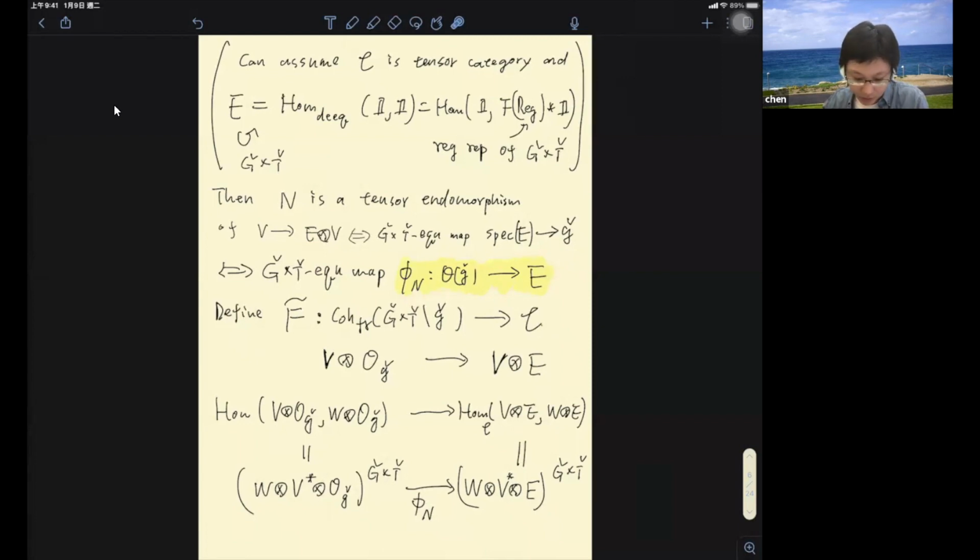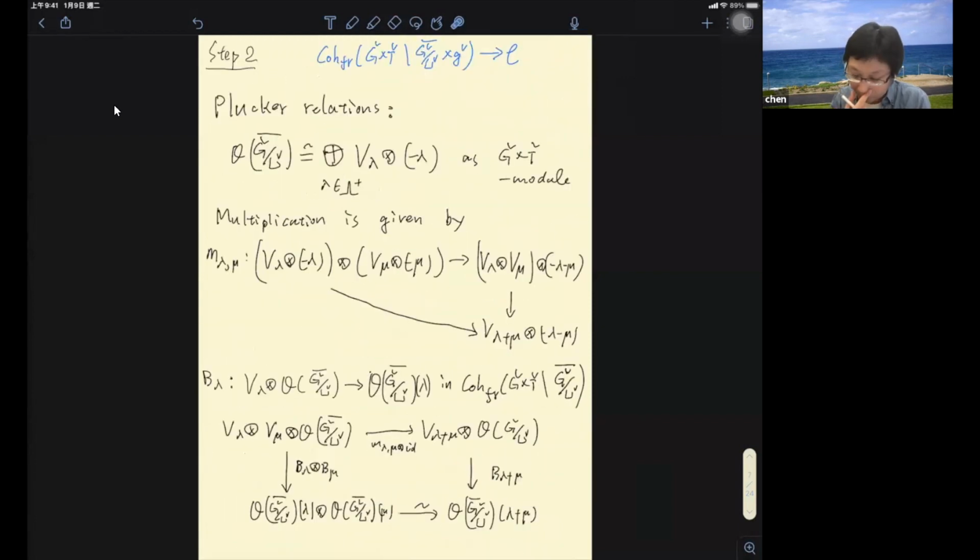And now step 2: we will try to upgrade the previous functor to this quotient. So now we throw in this closure of this affine scheme, the affine closure of the basic affine space. How do we upgrade our functor to here?